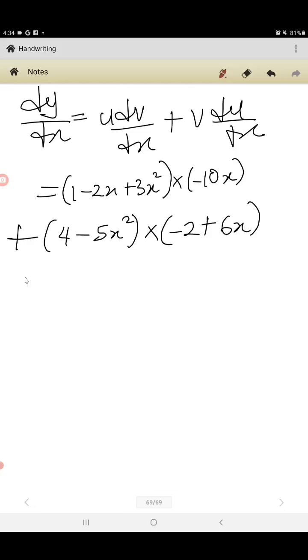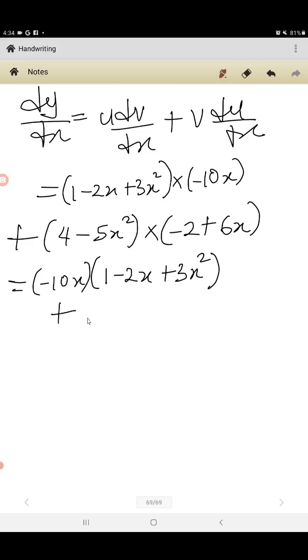Rewriting it better: minus 10x bracket 1 minus 2x plus 3x squared, plus bracket open 4 minus 5x squared, multiplied by minus 2 plus 6x.